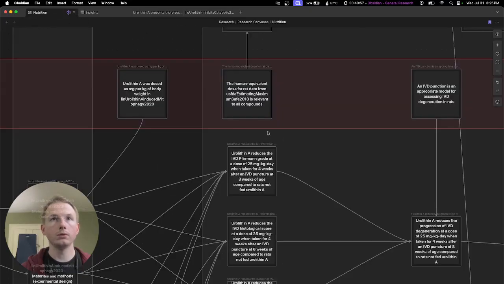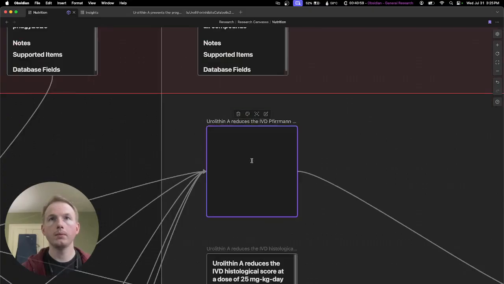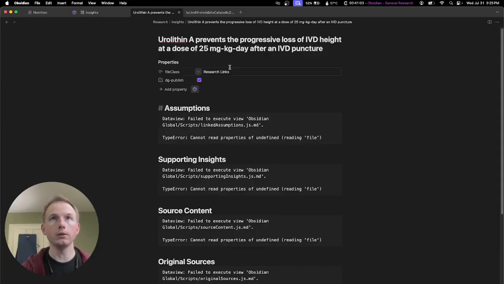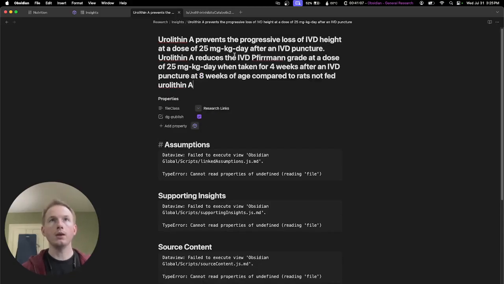Whew. This is definitely a learning experience here. Progressive loss of disc height in a dose after an IVD puncture.